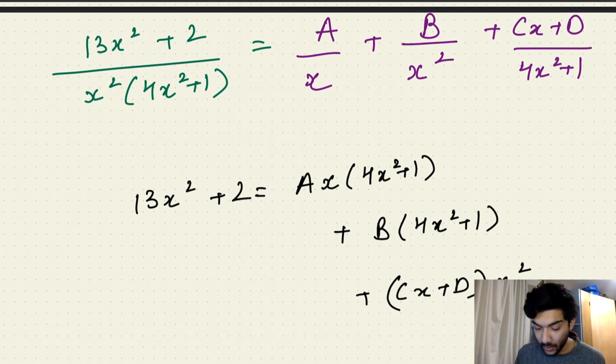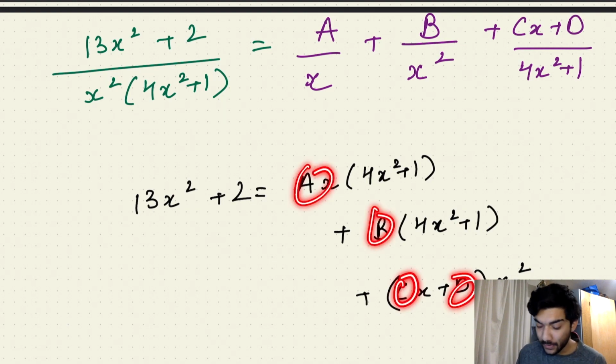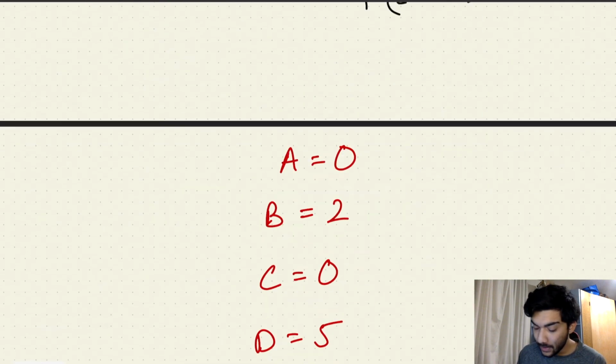So now you have your numerator expressions equated, and if you compare similar terms on the right hand side with the similar terms on the left hand side, you can solve for a, b, c and d, the same process that we followed in the previous video.